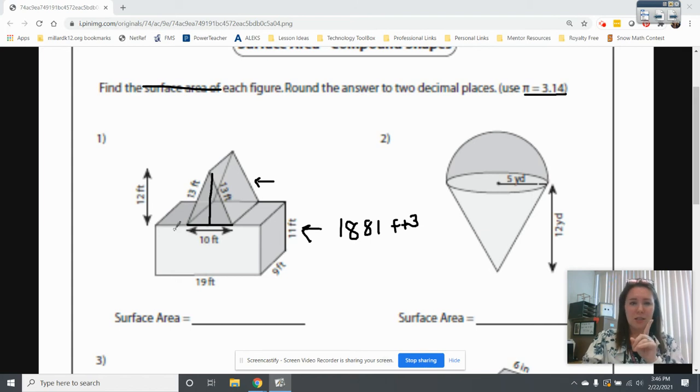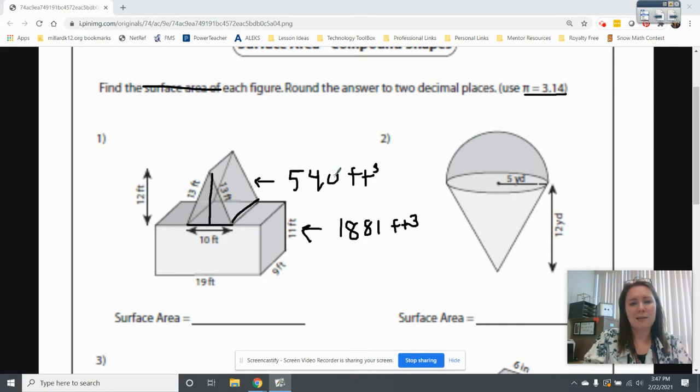It's not 13, it's 10 times 12, divided by 2, which gives us the area of the base. Multiplied by the height, which is really just the distance between the two triangles, which is 9. So we did 10 times 12 divided by 2 to find the area of the base, multiplied by 9, and that is 540 feet cubed.